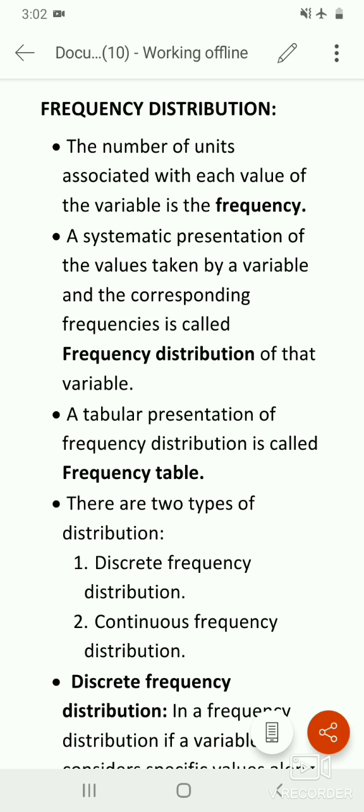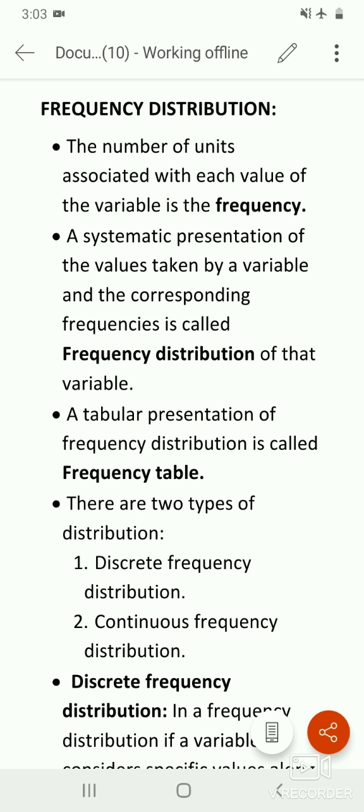We had seen the definition of variable, that is a quantitative characteristic which varies from unit to unit. In some cases the variables will be repeated, so we have to group those repeated values to reduce the size of the data.